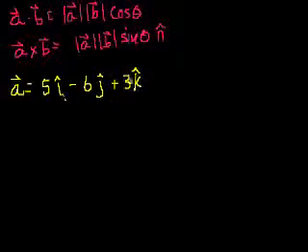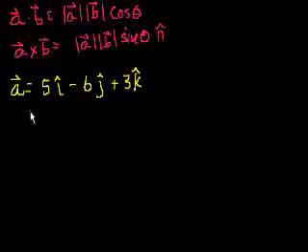I, j, and k are just the unit vectors in the x, y, and z directions. I is the unit vector in the x direction, and the 5 is how much it goes in the x direction. The minus 6 is how much it goes in the y direction, and the 3 is how much it goes in the z direction. You could try to graph it, and actually I'm trying to look for a graphing calculator that will do this, so I can show you all in videos to give you more intuition.